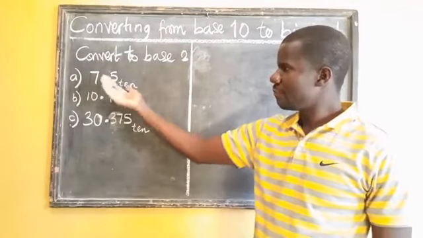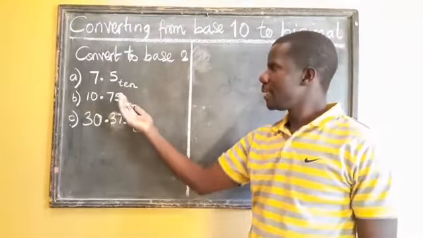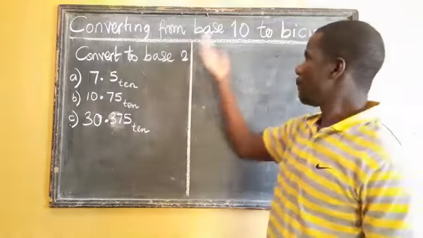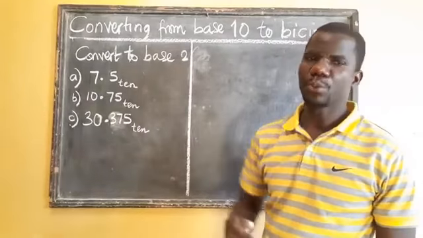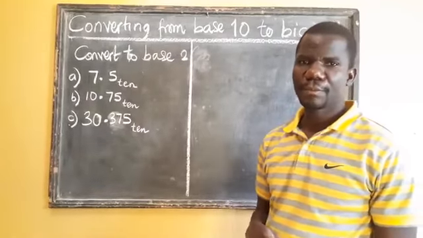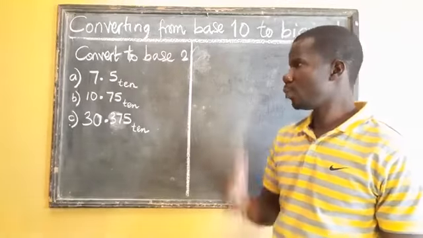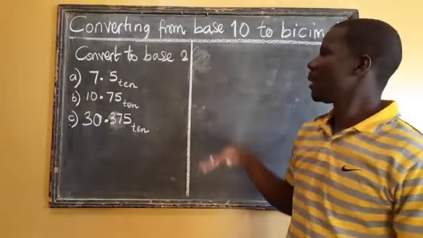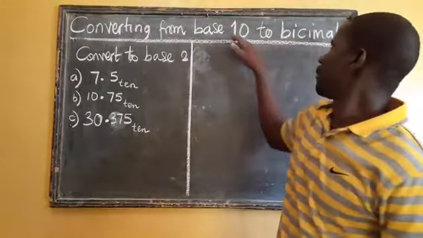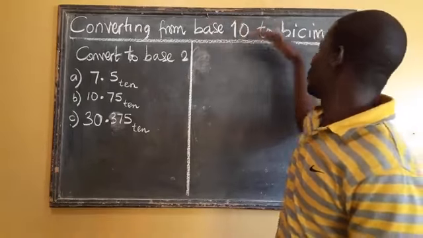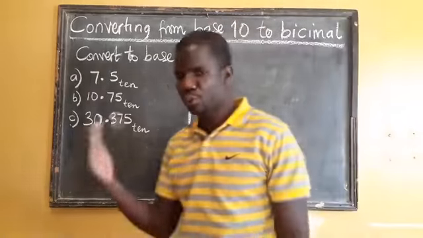We want to convert them from decimal numbers to binary numbers. A binary number is a number that is in base 2. So we want to convert from base 10 to binary numbers, those numbers that are in base 2.